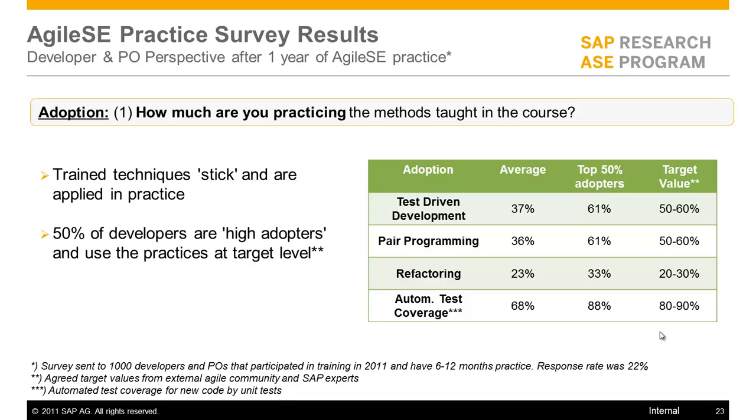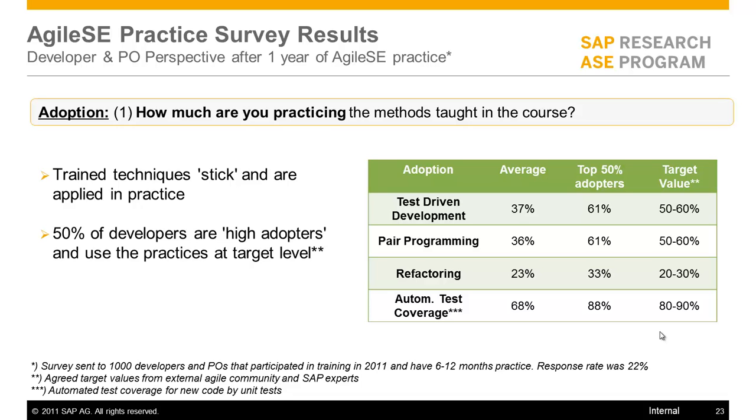Now the first, you see here that basically the trained techniques stick after a year and they're applied in practice. So things like test-driven development, pair programming, refactoring, automated test coverage, which is more of a result. If you look at the third column, the top 50% of adopters, which means the top 50% who are doing it the most, their average is 61%, 33%, and so forth of this practice.